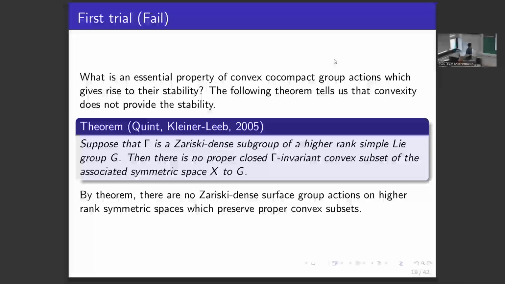Okay, so the first trial is a trial to explain why the Hitchin action is stable in the space of surface group actions in PSL-NR. Actually, Hitchin gave the stability by using Higgs bundle theory, but his language cannot be interpreted from the viewpoint of geometry and topology.